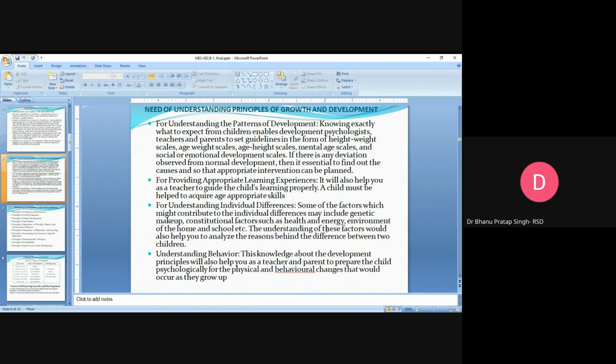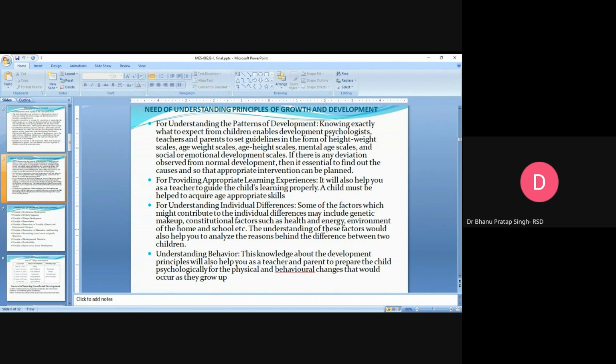As a teacher, as parents, we should be aware of their behavior, meaning that behaviors at a particular age are defined very much, and various psychologists have given behavioristic theories that at a particular age that behavior should occur in the child. If anything changes, then it is a matter of concern for the teacher as well as for the parents.